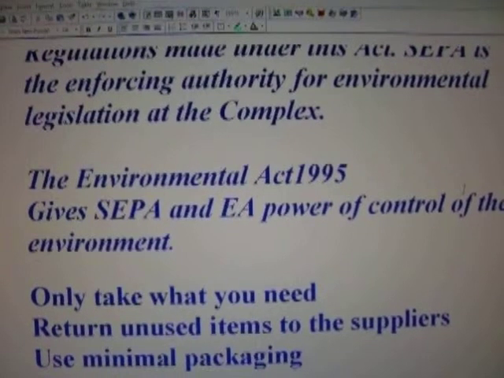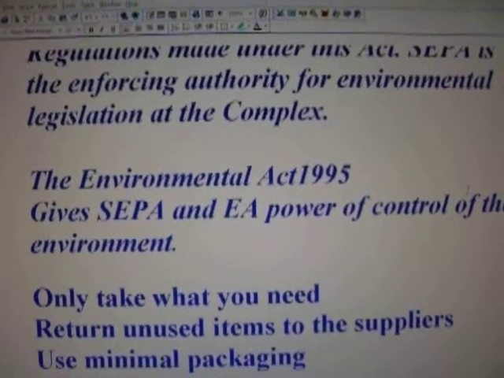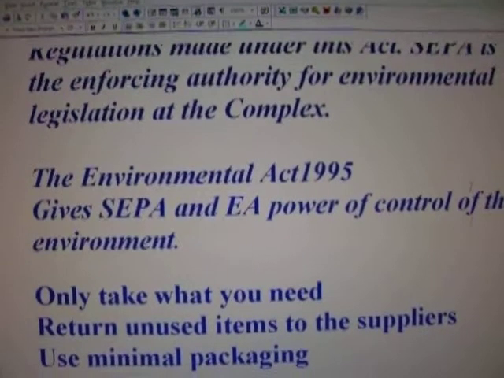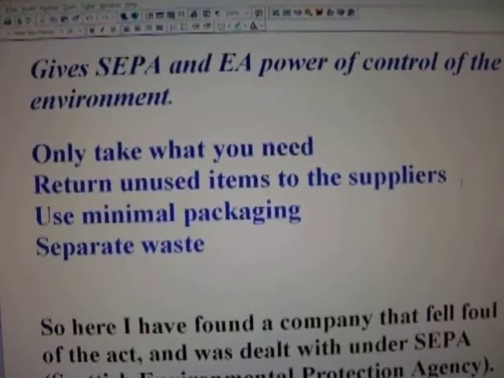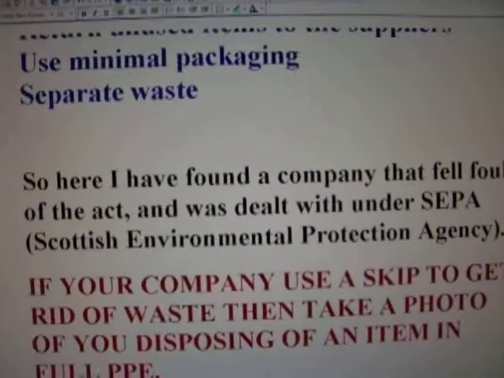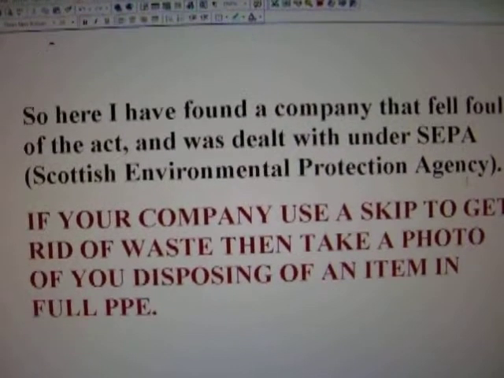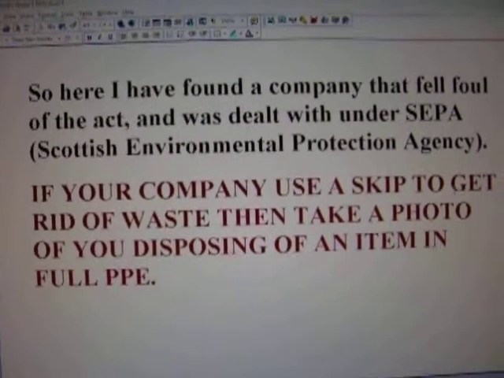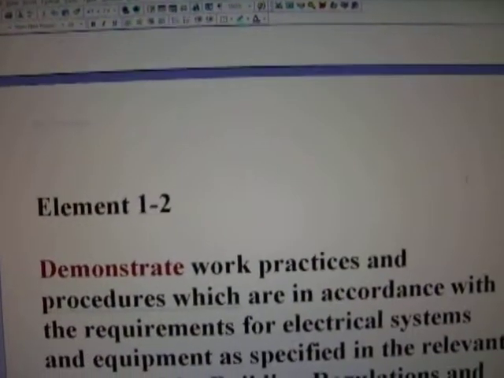But there have also been some amendments to this, so be aware of that and get the amendments up to date. So here I found a company, as I said before, that's the company I was talking about, telling you about the one that has been taken action against.